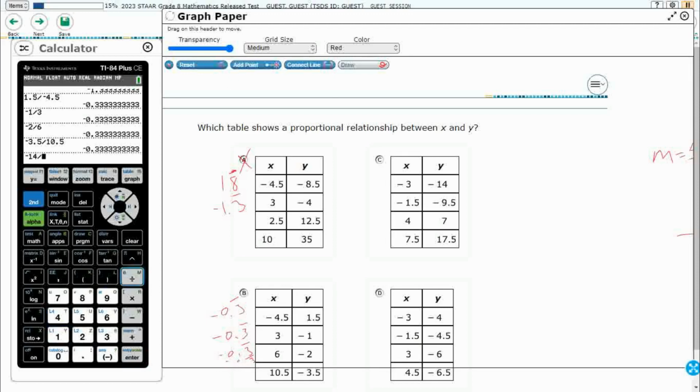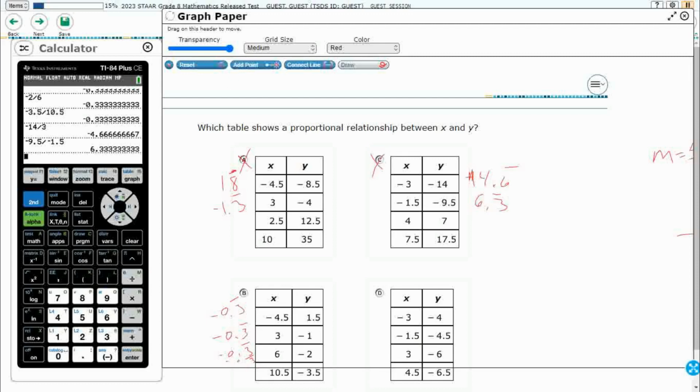So negative 14 divided by 3, negative 4.6 repeating, negative 4 2/3. Negative 9.5 divided by negative 1.5, that's a positive. I forgot to add that negative for the 3, but it doesn't matter. This is 6.3 repeating.